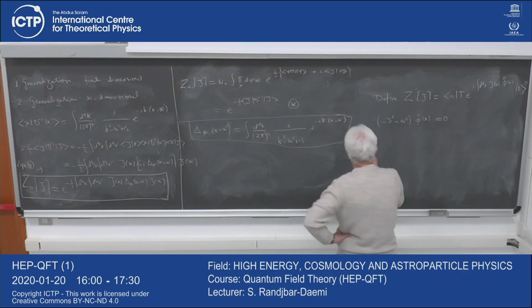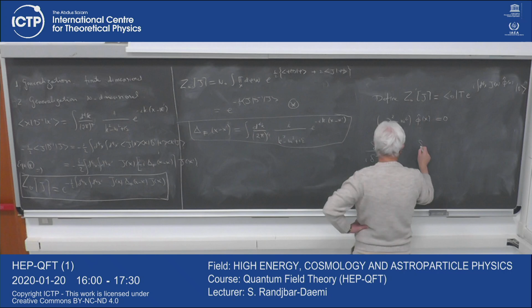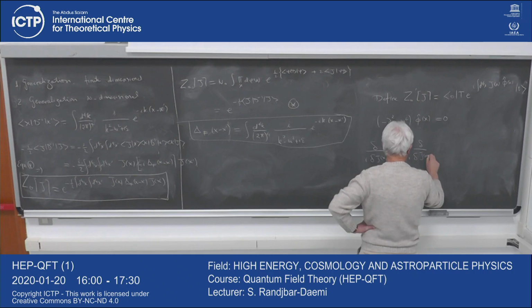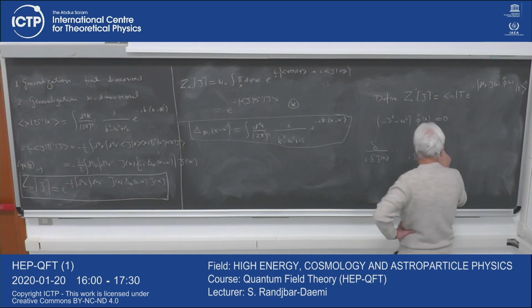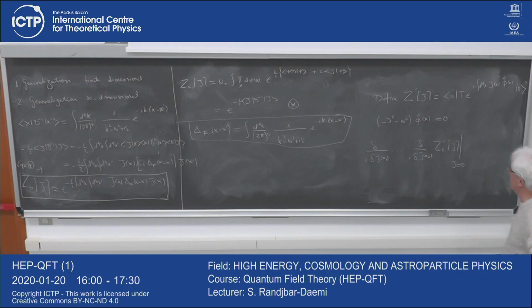So if we take d by i times dJ x1, up to d by i times dJ xn, of Z prime of J at J equal to 0, obviously every time that you differentiate with respect to J, you will bring down the factor of phi.